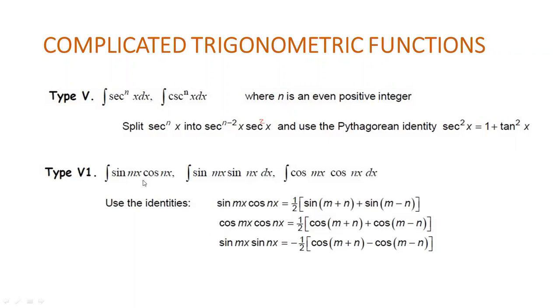So this is sine of mx cosine of nx, or it could be sine of mx sine of nx, or it could be cosine of mx cosine of nx. So you have here both the sine functions having different constants multiplied to their variable in the argument, and both cosine functions having constants appearing in their arguments. But in the first one, you have a pair of the sine and the cosine. What appropriate trigonometric identity do you need to use? That way this could be converted into something that you can readily integrate.